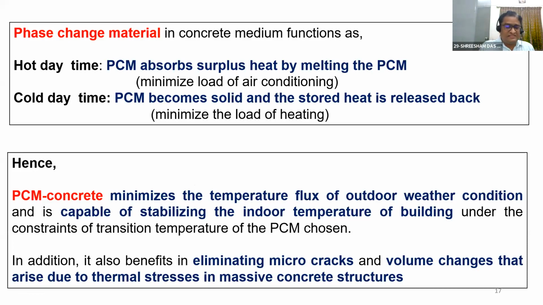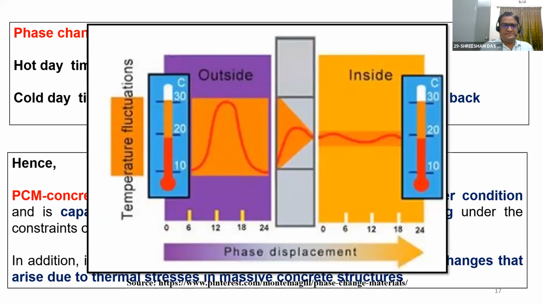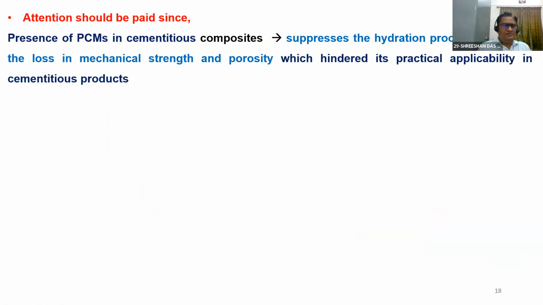We have not worked on massive concrete structures, but we have checked the shrinkage properties, and yes, it eliminates a significant amount of shrinkage. The picture says that even though the outside variation is too much with time, if you have a PCM integrated or thermally insulated wall, you can maintain a uniform room temperature inside your building.